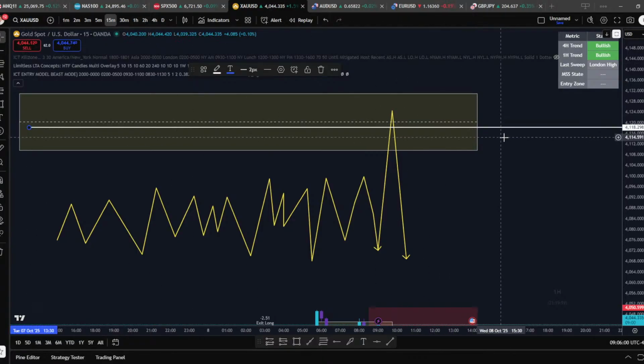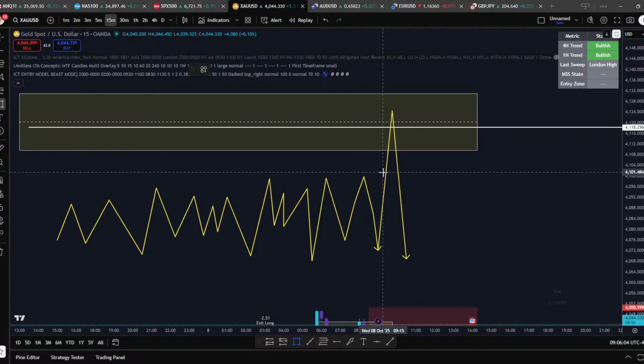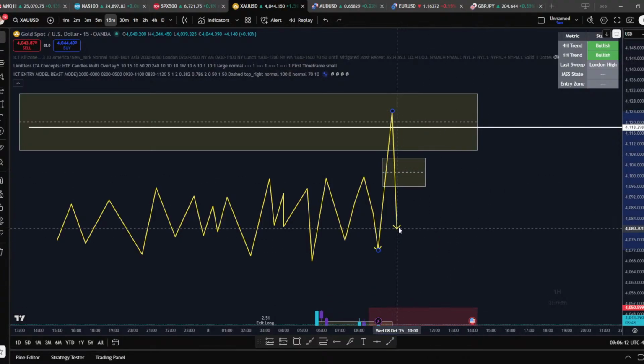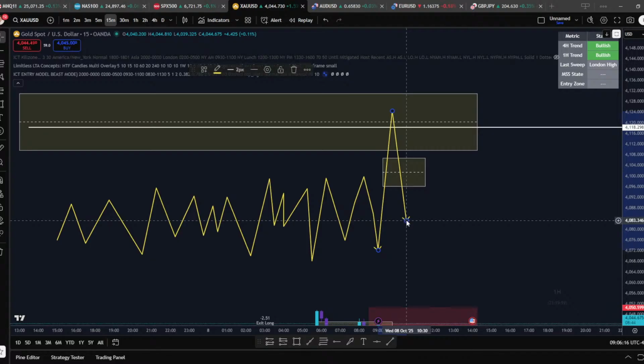So if you see this, and on the way up, let's say on the way up it does this, it leaves a fair value gap like this. Okay. Let's say there.